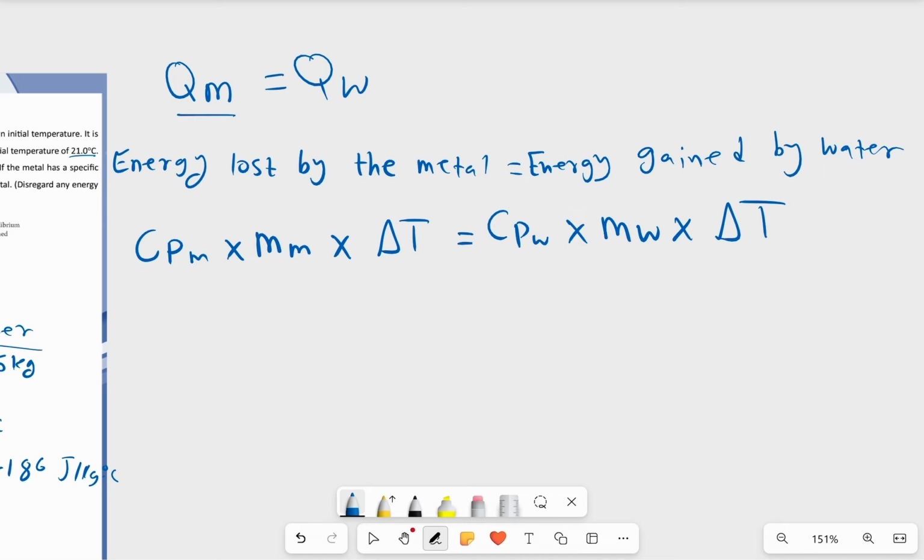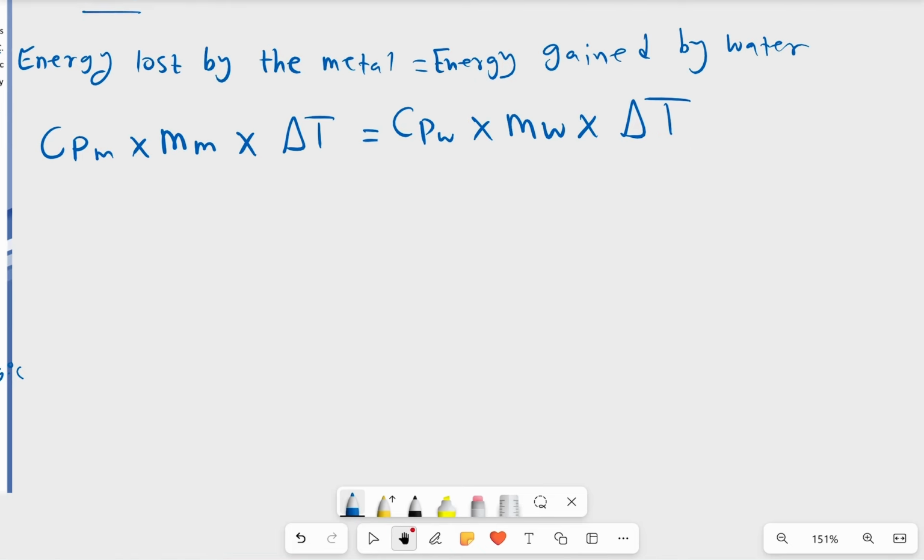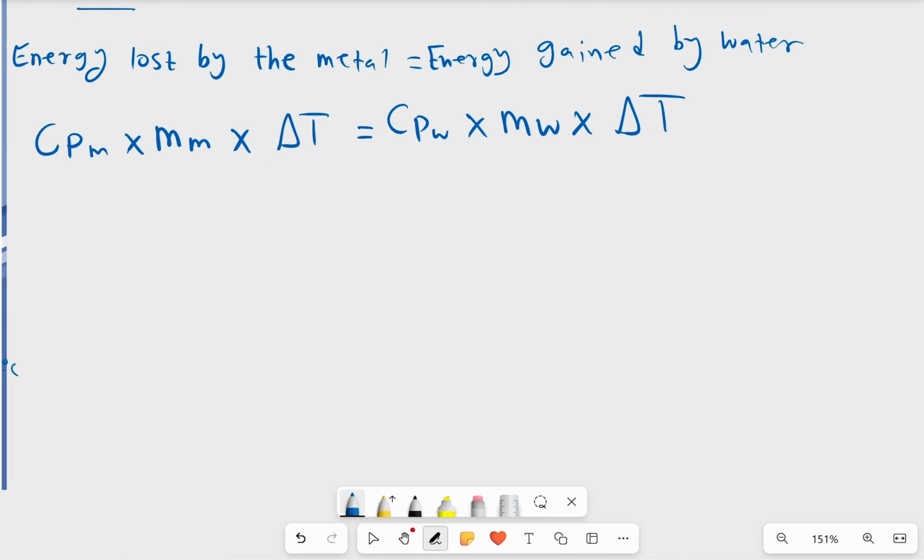Think about it. It is going to lose heat. So this is CP M times mass of the metal times T initial minus T final. Careful, whenever a substance loses heat, we subtract T final from T initial.